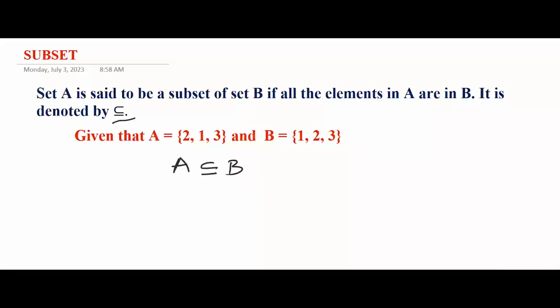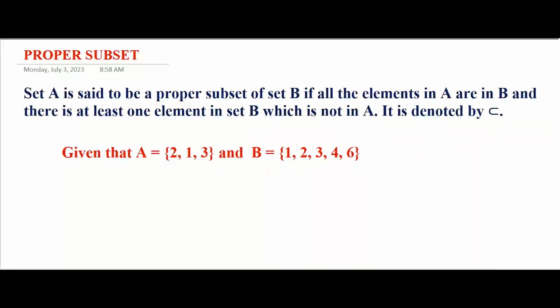Let's look into another one, which is proper subset. Set A is said to be a proper subset of set B if all the elements in set A are in set B. That is one condition. Then the second condition is that there is at least one element in set B which is not in set A. When that occurs, it is referred to as a proper subset, and it is denoted by this sign here.